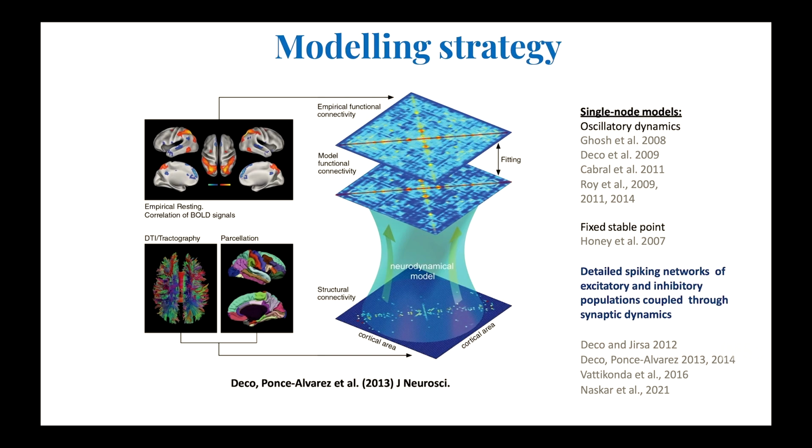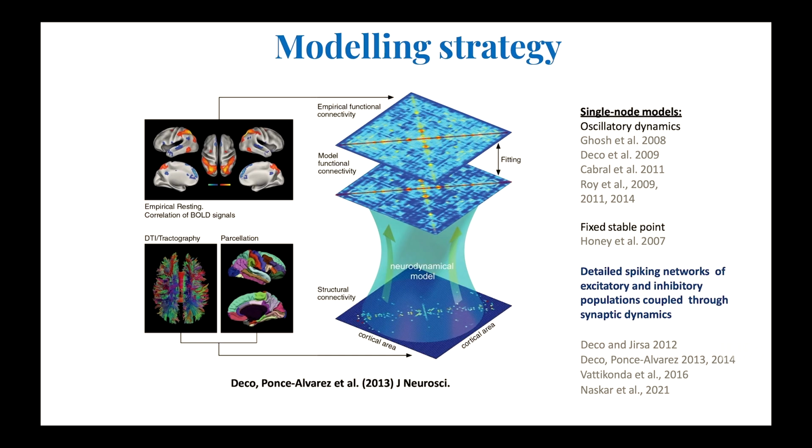There is a whole body of work from our collaborators, various authors, and also our lab itself over the years. You can check out some of these papers, which discuss detailed spiking neural networks like Hodgkin-Huxley and other types of models that can be implemented in each of those areas of the brain.